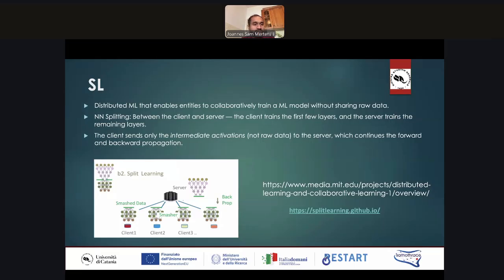So there was this technique called split learning. It's like federated learning, but it's completely different. This was proposed by the team at the Massachusetts Institute of Technology, MIT. What they proposed was splitting the neural network and training between the client nodes and servers. And this was mainly proposed for healthcare scenarios, because this will avoid these GAN poisoning attacks, as you have a partial neural network on the client side and a partial neural network on the server side.